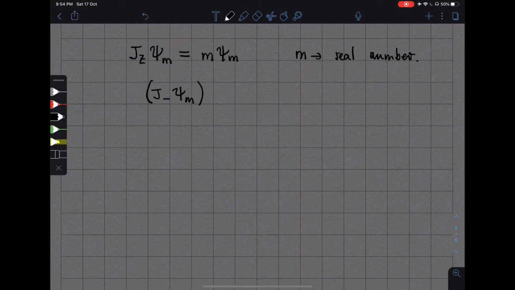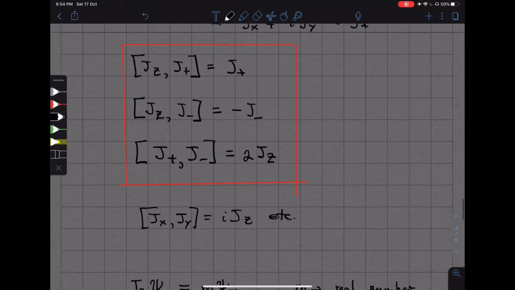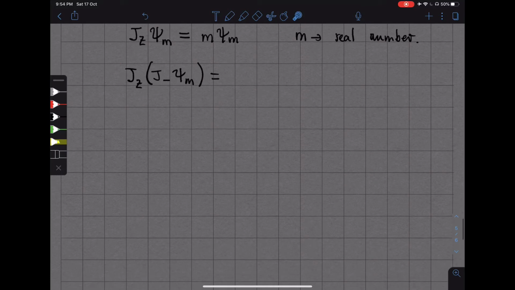Well, let's just apply our Jz operator, and what we can do then is use this commutation relationship and write this as J minus Jz psi of m minus J minus psi of m.